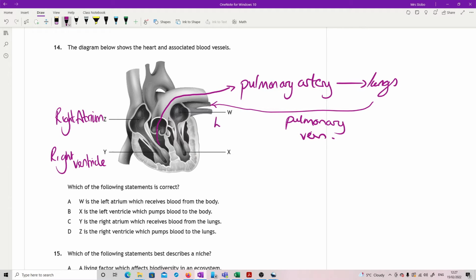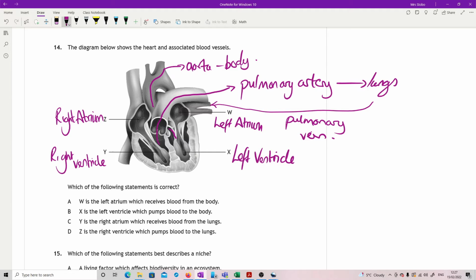That's then going to go into W, which is our left atrium. Go down into X, which is our left ventricle, and then the left ventricle, there's a pretty big squeeze to push up out through this one here. This is the aorta, which is off to the body.